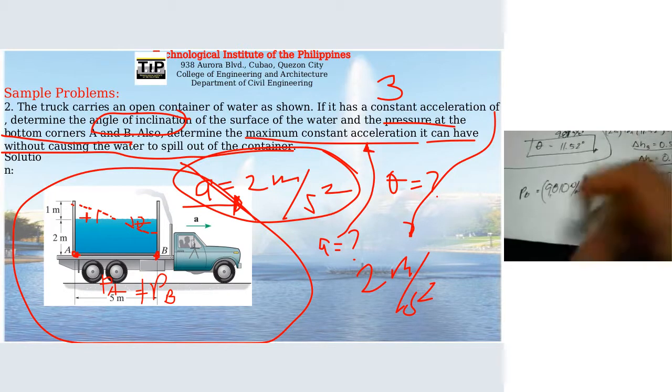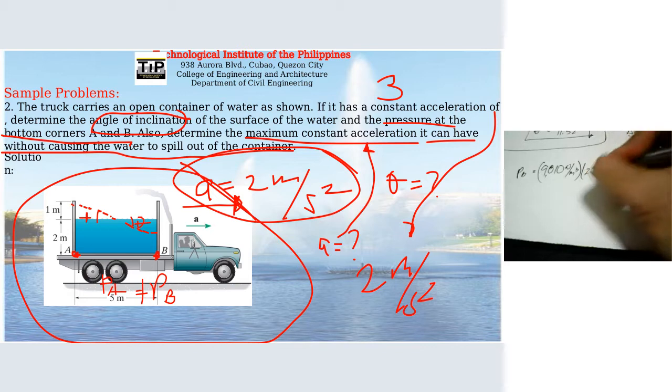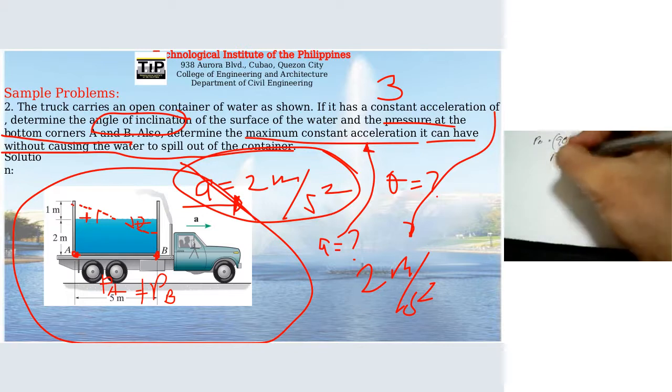So, yan yung lalagay natin dito. 2 meter minus 0.5095 meter.